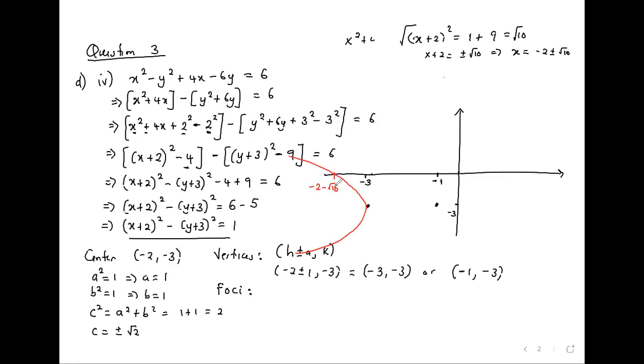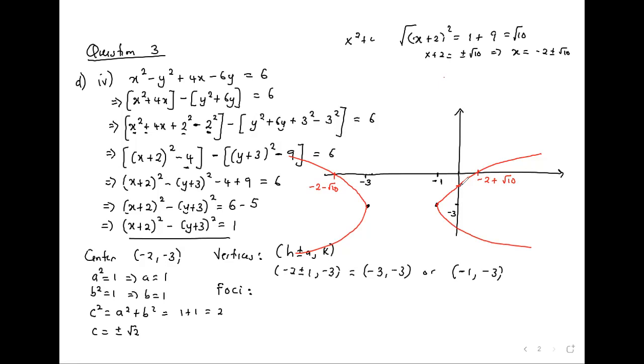Then again, when you sketch on the right, this is −2 plus the root of 10, like that. So there's no harm in also knowing this value if you so wish. Or you can just leave it like that, unknown. But if the question specifies indicating all the intercepts, it's an easy case. You just make x 0 on the y-axis, then you get the y values.